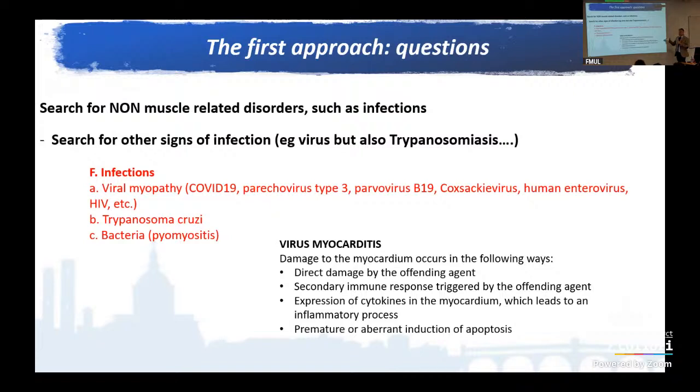The toxicity of virus might be direct or might be related to an immune response. We have also other possibilities, but the first two are the most common ones. So remember always that parvovirus B19 may be a cause of different rheumatic problems, not limited to myositis, but addressed to everything, lupus, rheumatoid arthritis, and so on.